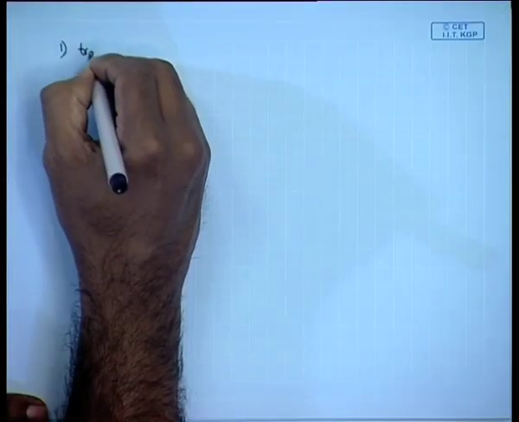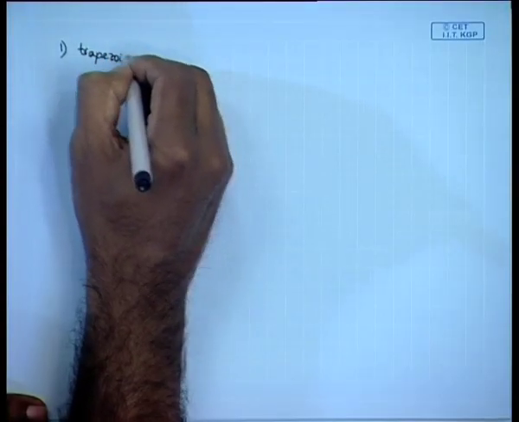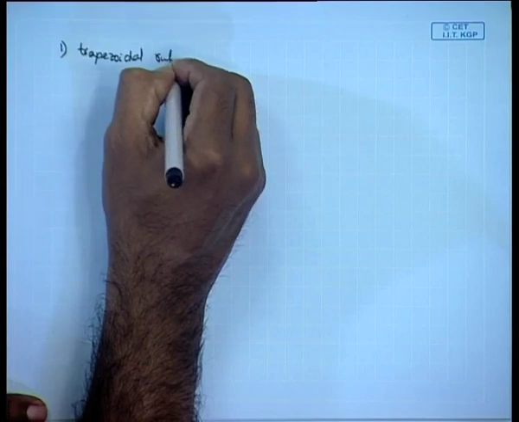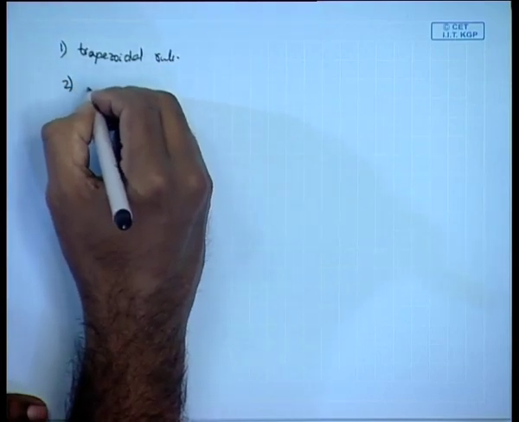We will be talking about the different forms in which we can do integration. There are two forms generally used in naval architecture. They are known as the trapezoidal rule and the Simpsons rule.